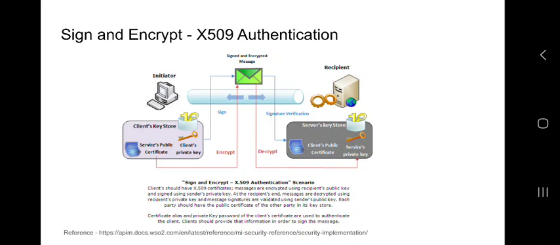So the decryption can happen on the other end using the recipient's private key, so that after you decrypt it, you can get hold of the message, and then you can make sure the signature is validated using the sender's public key, which is now there with the recipient. So this is the sign and encrypt scenario using X509 authentication.